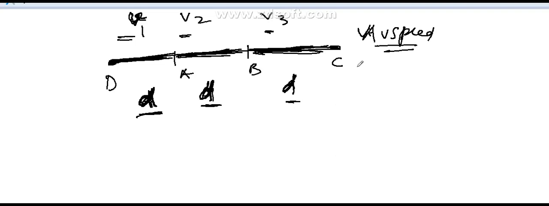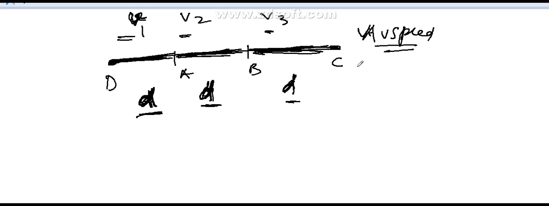So the velocity is V1, V2, V3. Use your brain. Come on, Pritam, Aditya, both of you. Equal distances.